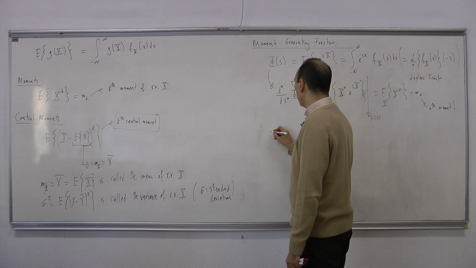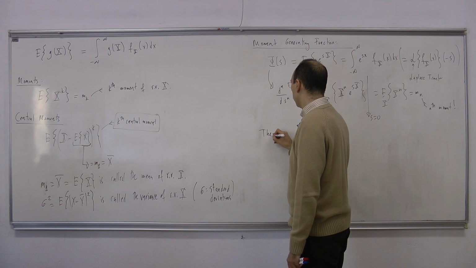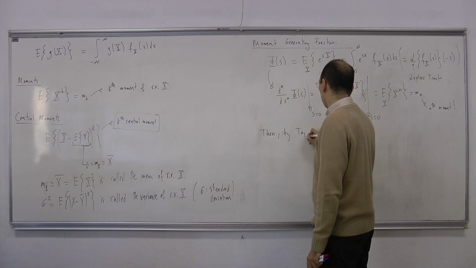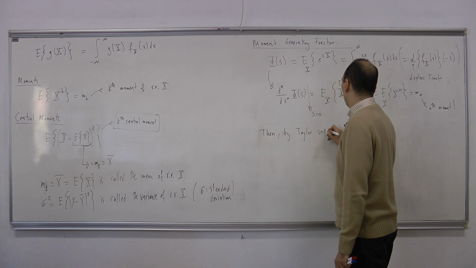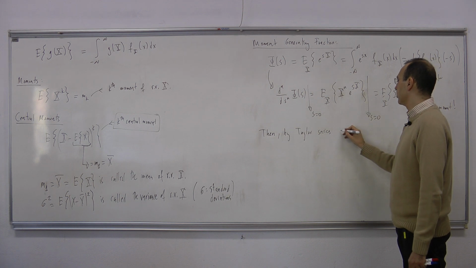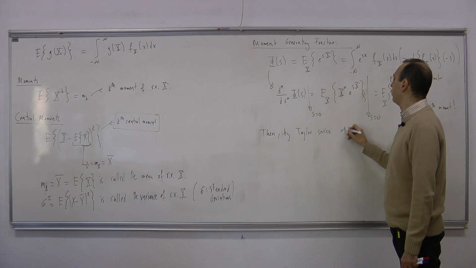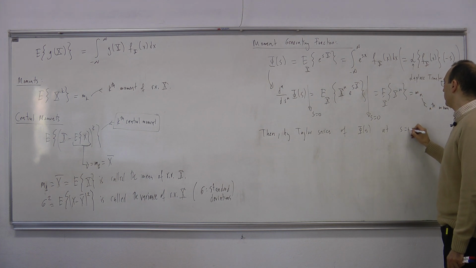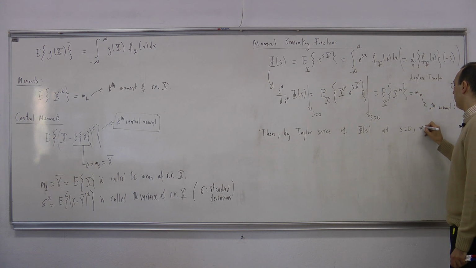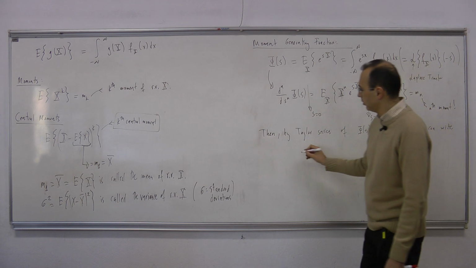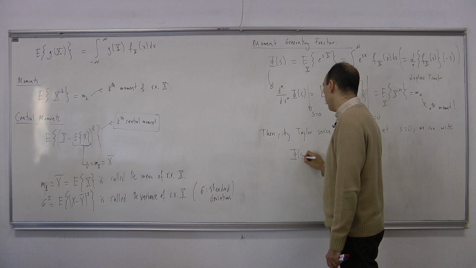Well, then we can do the following. By Taylor series, again, I'm assuming some nice, let's say, density functions. By Taylor series of phi of s at s equal to 0, we can write phi of s.